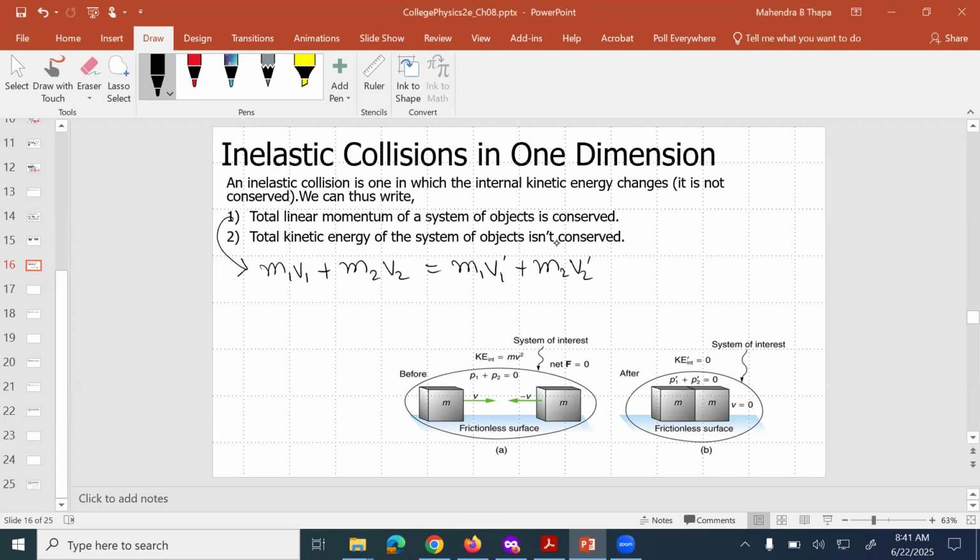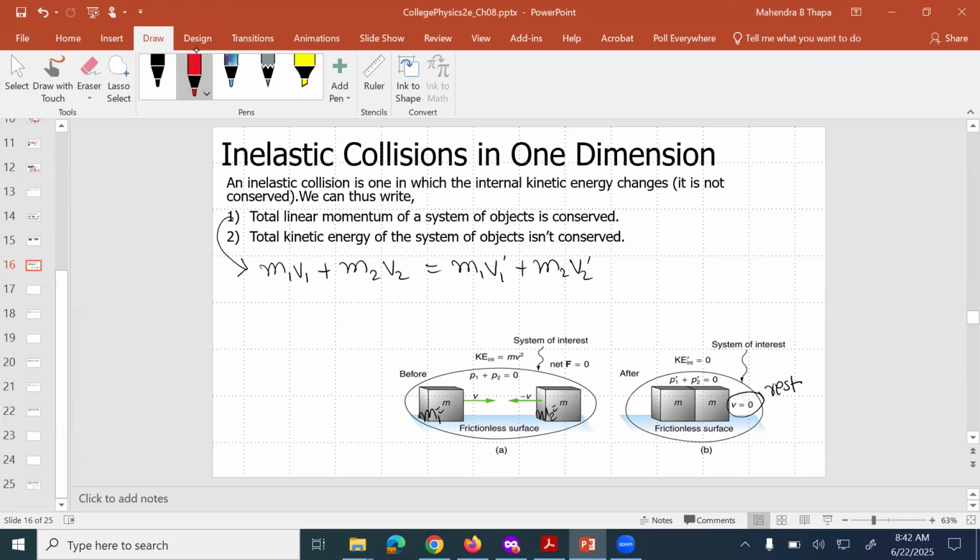Okay, so in our case, let's consider the example. There are two masses, m1 equals m and m2 also equals m, equal masses. M1 is heading towards right and M2 is heading towards left. After collision, the system is at rest. They collide and it becomes rest.